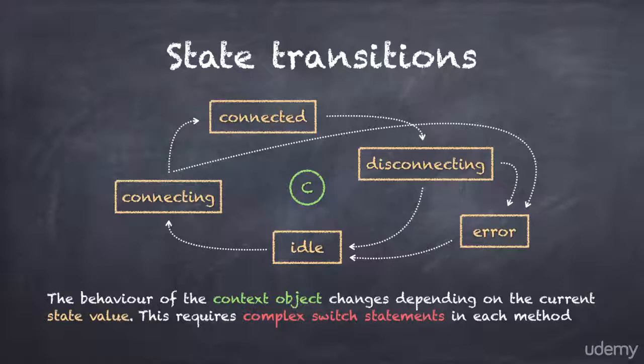But the disadvantage is that the code that corresponds to a single state is now spread out over all methods in your object. If you have lots of states with complex state transitions, then things can get complicated really fast.